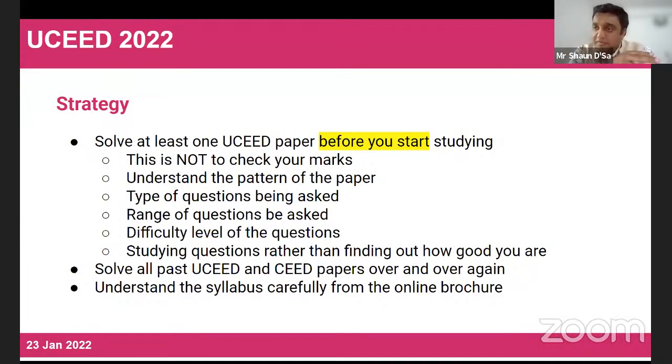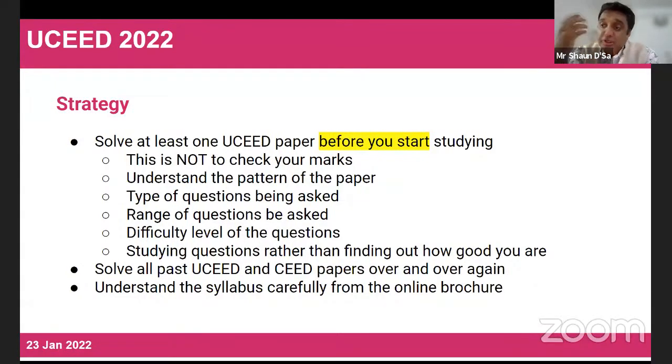So solve UCEED papers, and when I say SEED papers, I mean part A of SEED papers, not part B. Part B is a design problem at a PG level, and it'll be different, like for industrial design or UI UX design or whatever it may be. Not part B, I'm talking about part A. So for part A, solve both UCEED and SEED papers. It'll be extremely helpful.